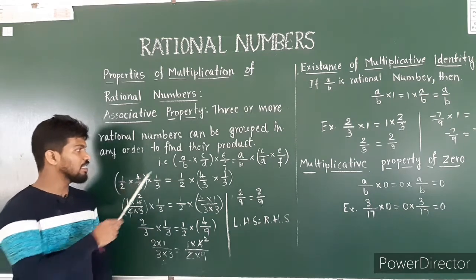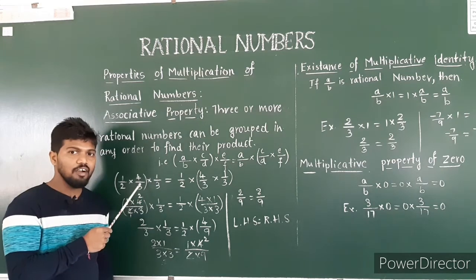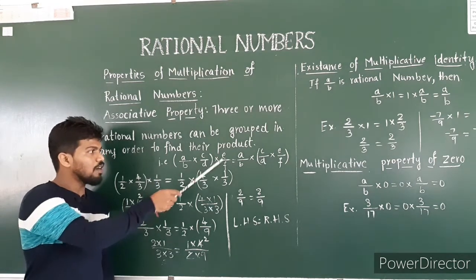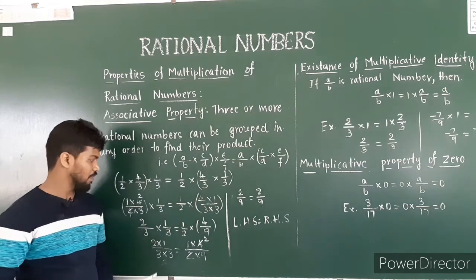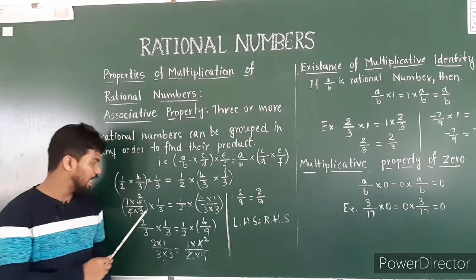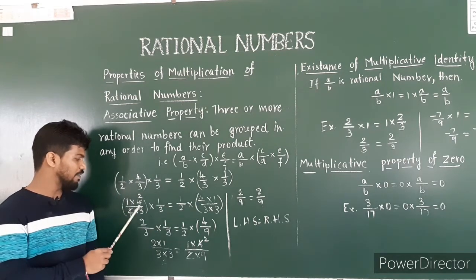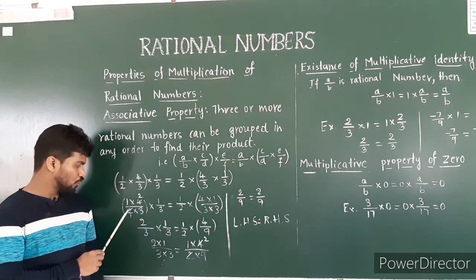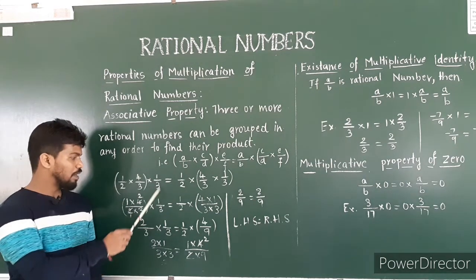So first, in the place of A by B, I take 1 by 2, in the place of C by D, 4 by 3, and in the place of E by F, I take 1 by 3. Similarly on that side. Now multiply. First you solve the bracket. So 1 into 4 numerator divided by 2 into 3. 2 ones are 2, 2 twos are 4, into 1 by 3.